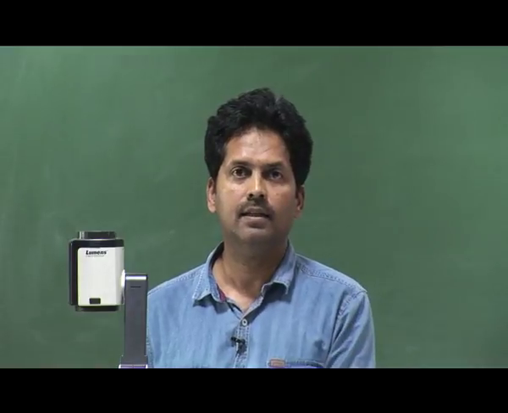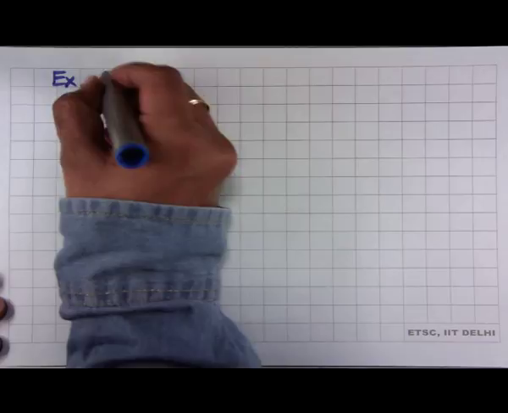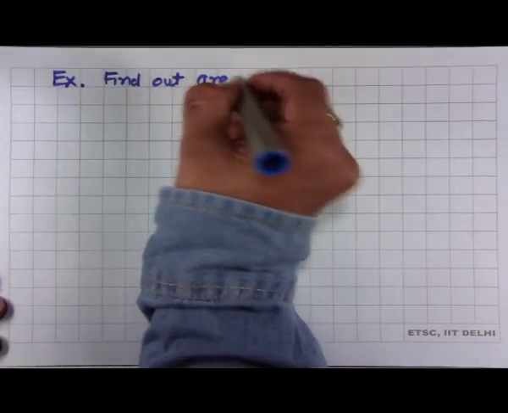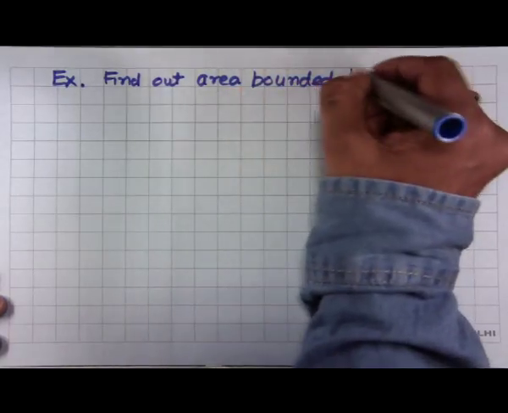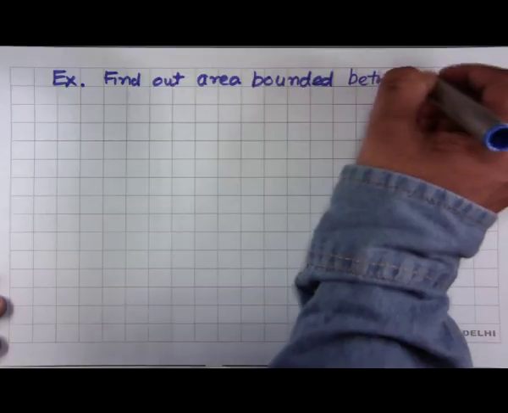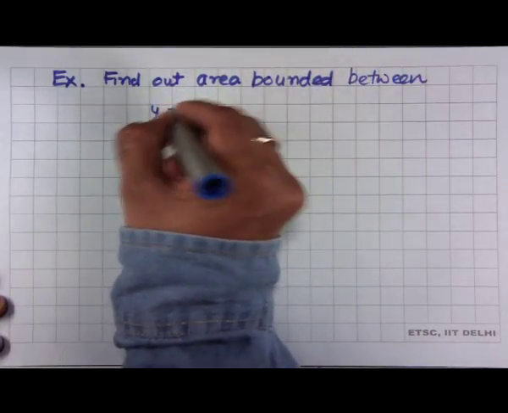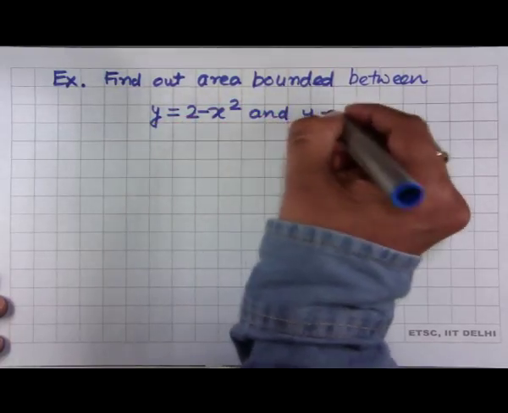Let us take another example. Find out the area bounded between y equals 2 minus x square and y equals minus x.